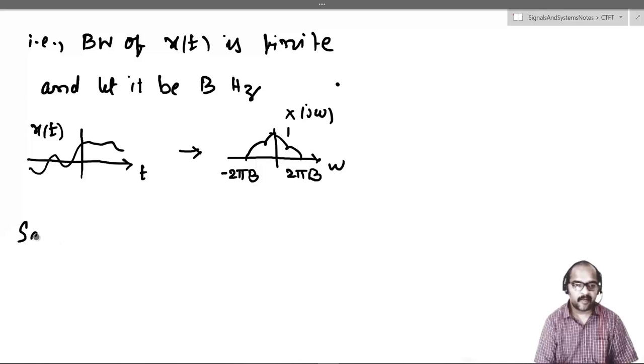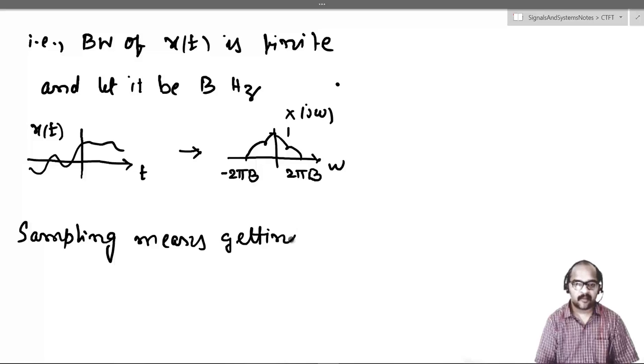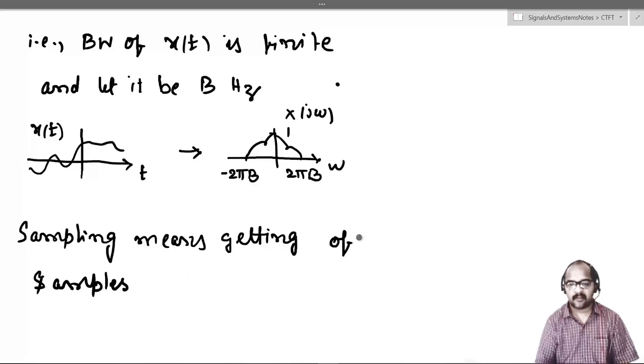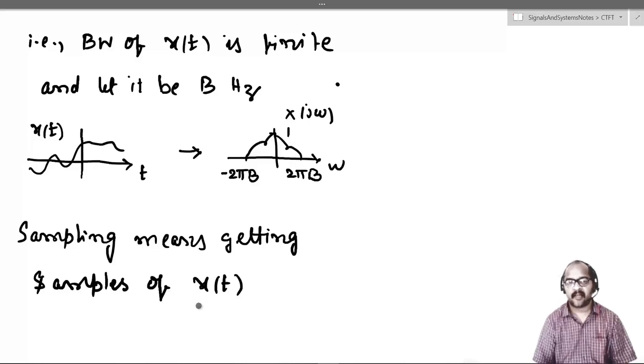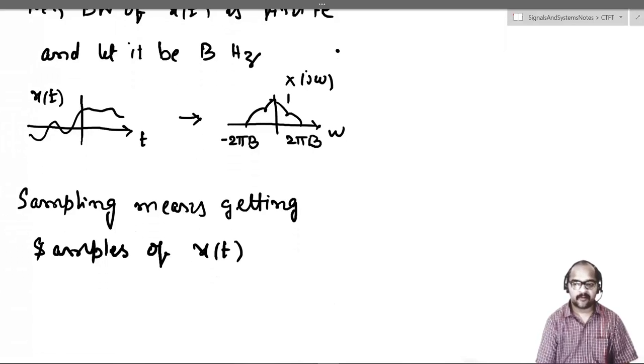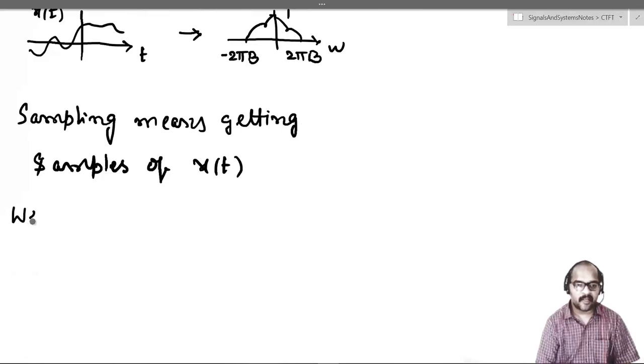Sampling means getting samples of x of t. That is the simple definition. So how do you get samples of x of t?